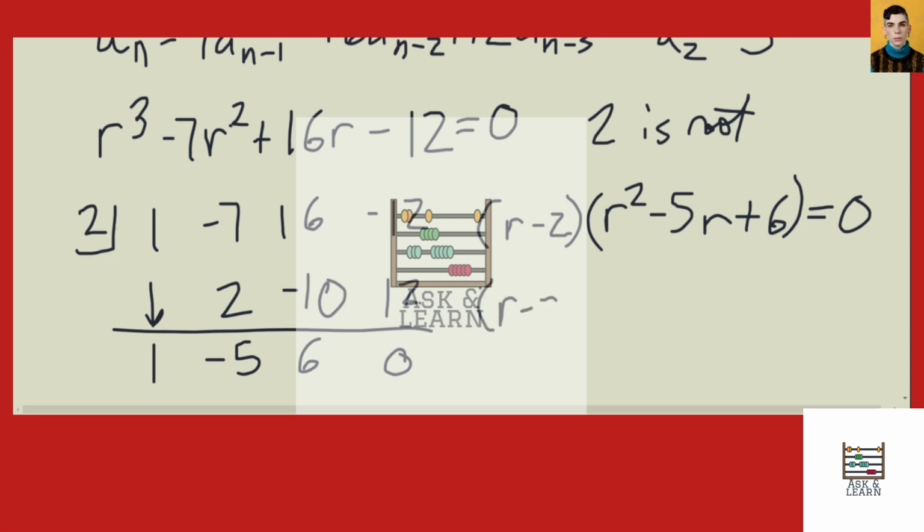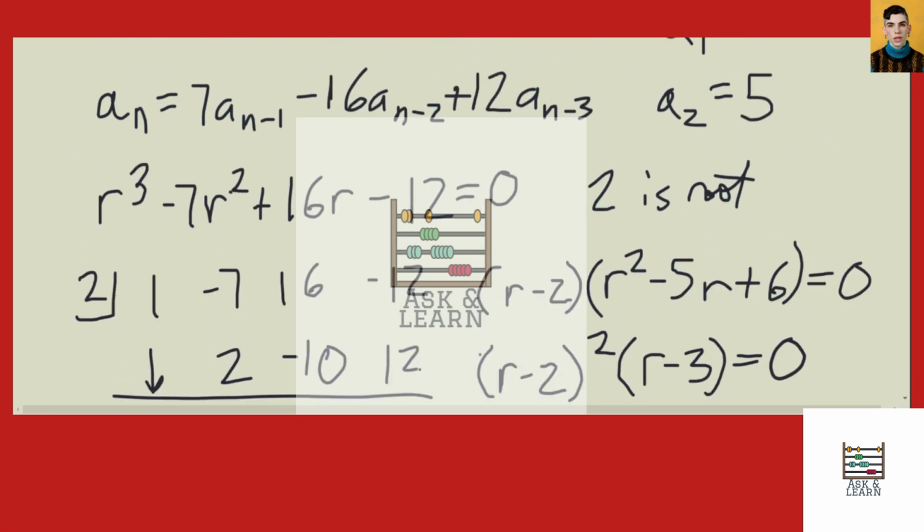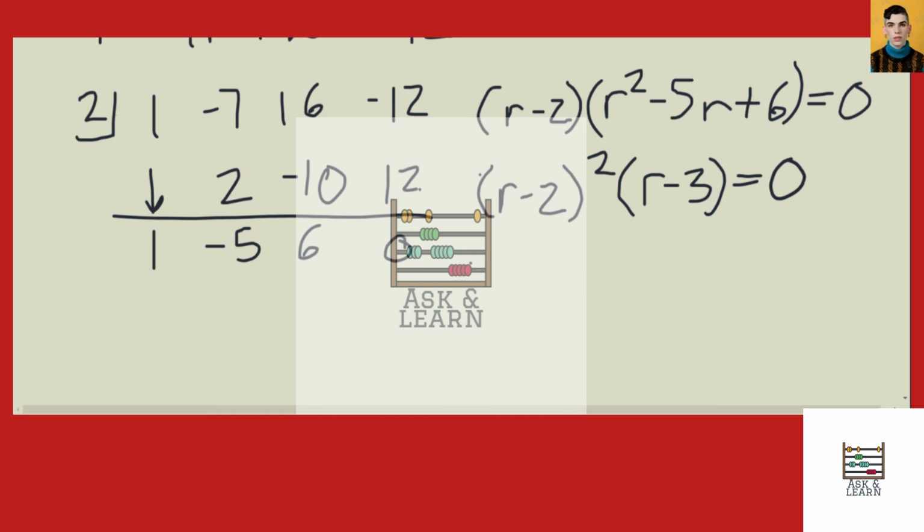And this can be further factored as r minus 2 squared times r minus 3 equals 0. And so we have that the characteristic roots are 2 with a multiplicity of 2, and 3.